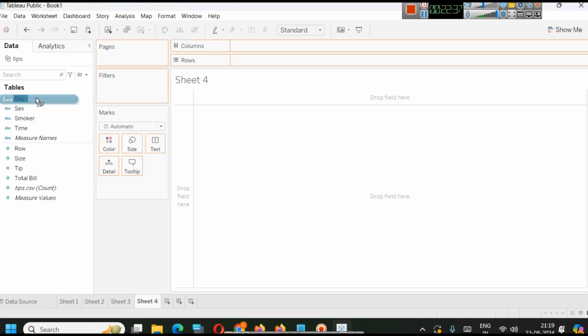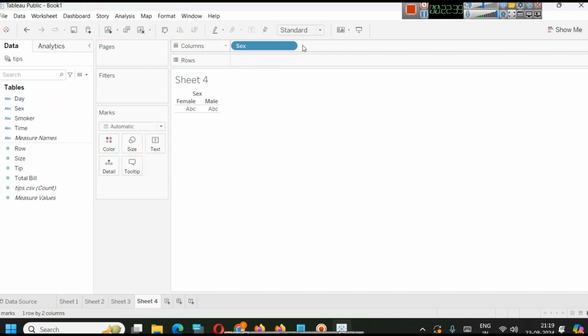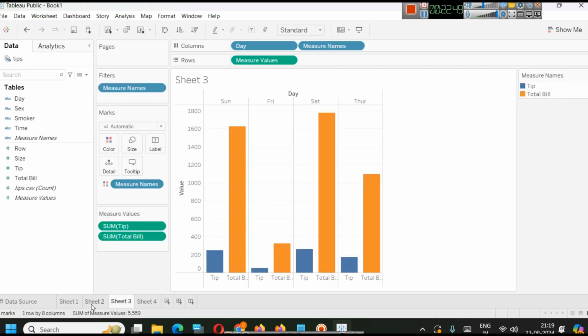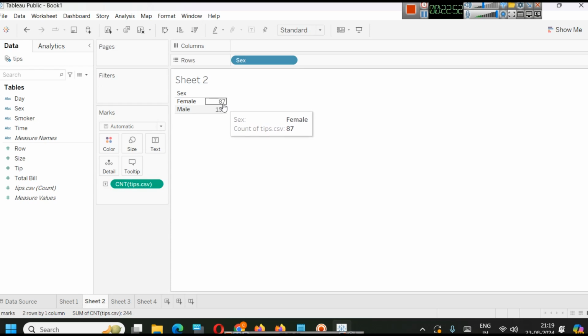Same thing you can do with gender, but with gender, obviously calculating sum will not make sense, because we already know that there are only 87 females. So sum will always be higher in case of male.